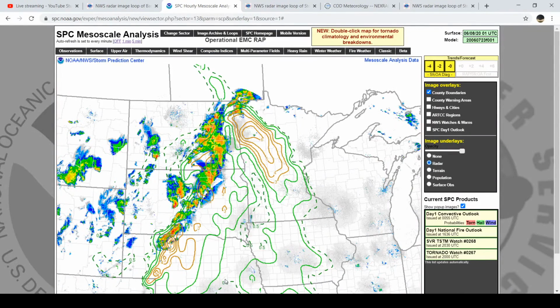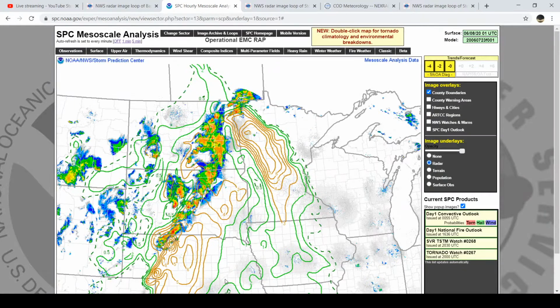Not a lot of energy helicity, but it's still over 2. But surface to 3 kilometer looks really good, so maybe. Gotta keep our eyes on it.